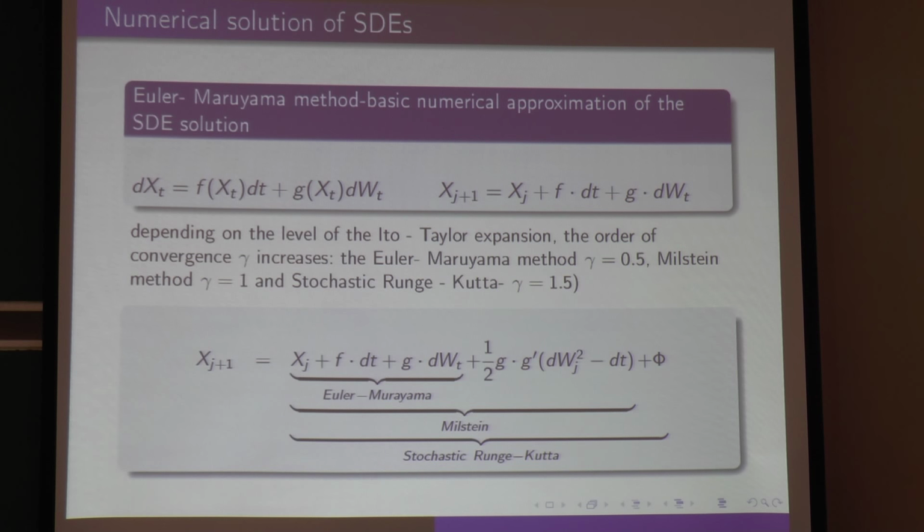We want to apply different numerical approximations to the solution. Depending on the Ito-Taylor expansion, we use the first approximation, the Euler method, next the Milstein method, and the third method is stochastic Runge-Kutta. The order of convergence is 0.5 for Euler, 1 for Milstein, and 1.5 for stochastic Runge-Kutta.